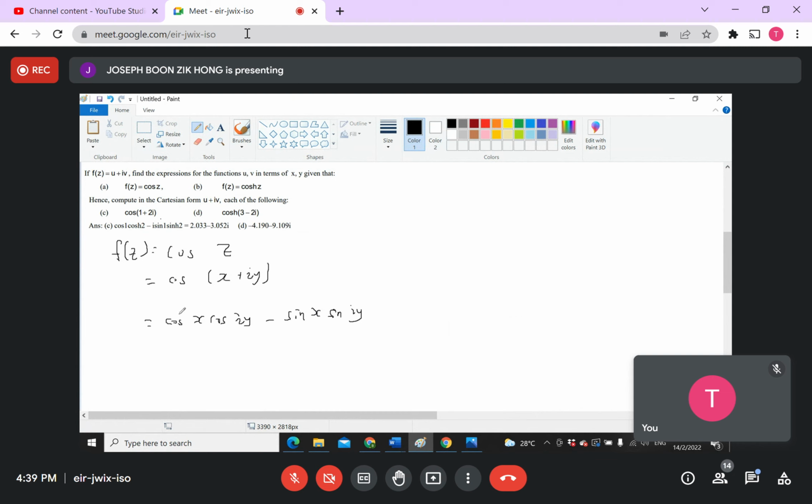Hence I want to compute cos of 1 plus 2i. According to this formula, it will be cos 1, cos, your y is 2, so 2i. Let me think. Find the expression for the function u, v in terms of x, y.